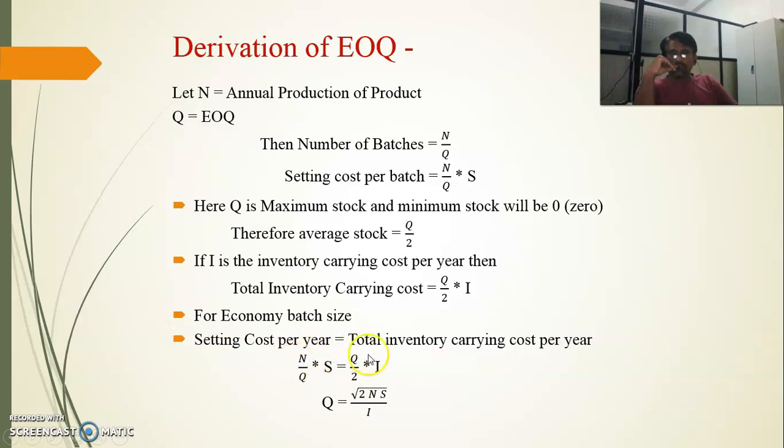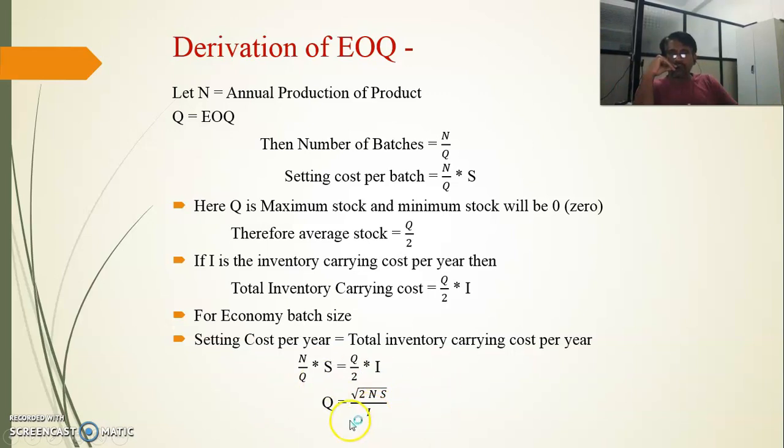We are matching the costing approach with the inventory carrying cost approach, and in this case the formula becomes N by Q into S, that is setting cost per year, which is equal to total inventory carrying cost per year, that is Q by 2 into I. Solving this equation for Q, we get the economic order quantity equation, that is EOQ, where Q is equal to under root 2NS, 2 into annual production into setting cost, divided by I, that is inventory carrying cost.